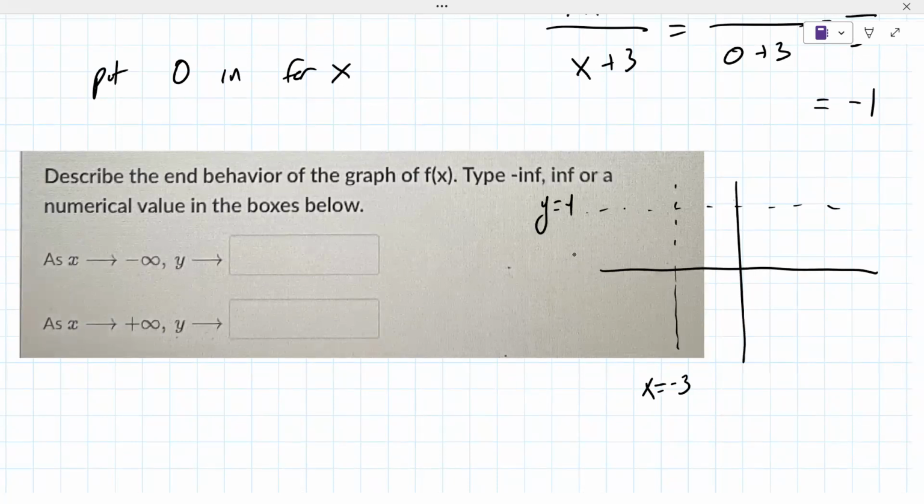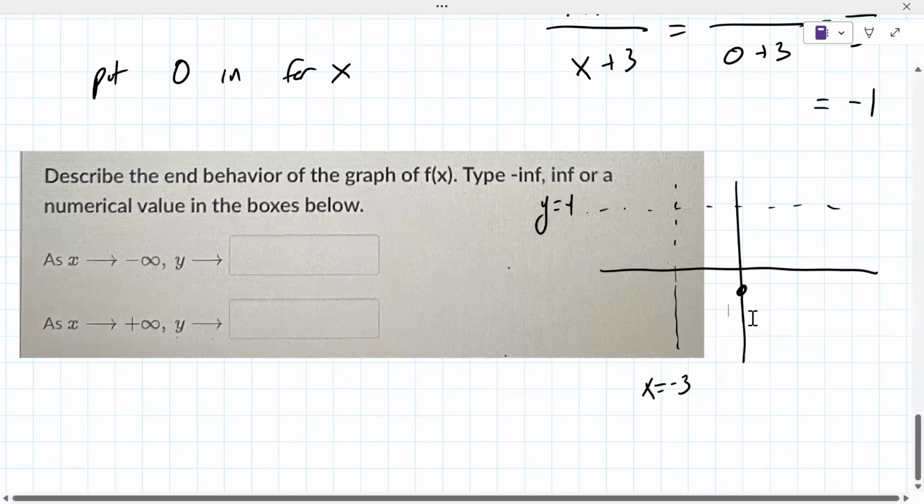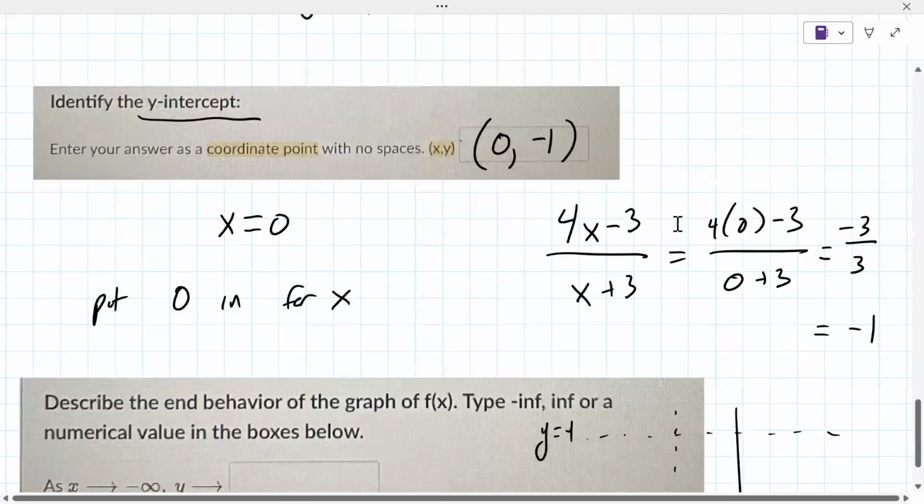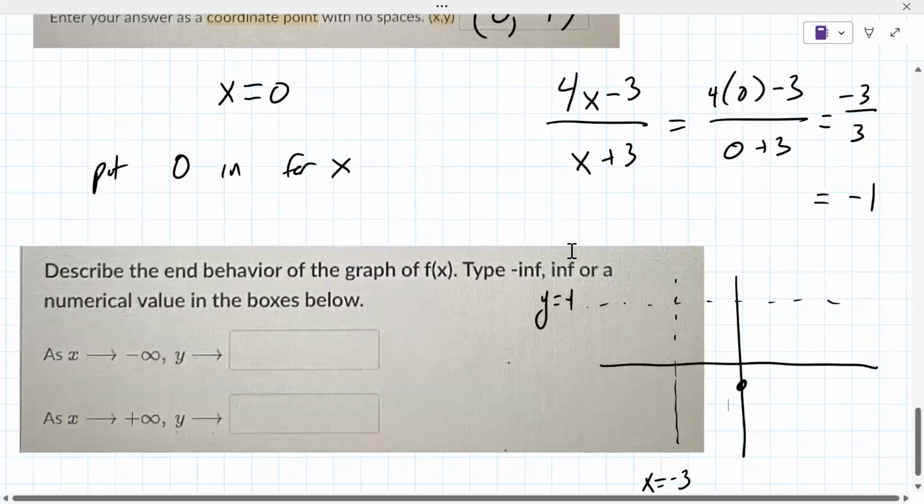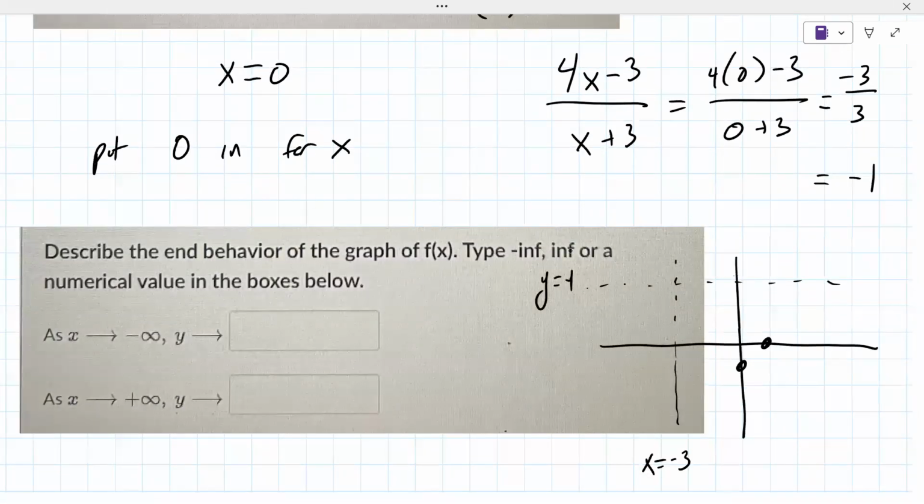And then we know that (0, -1) is the y-intercept. There's also an x-intercept at 3/4, which it didn't ask for, but your graph looks like this and like this.